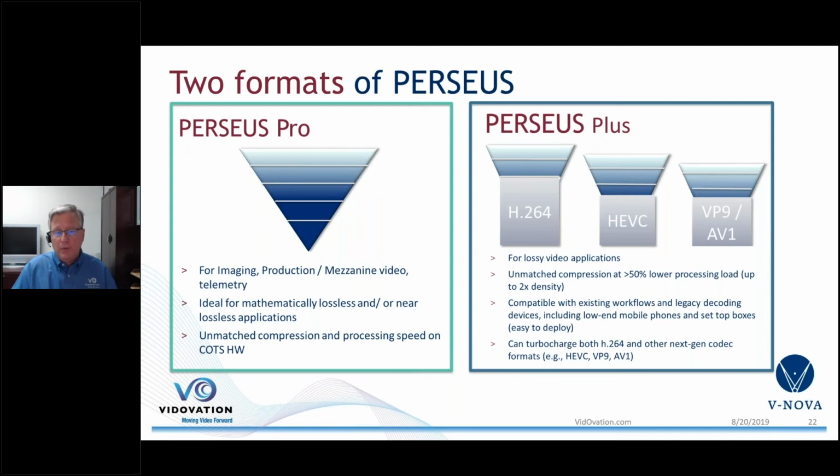Then I think what we'll do is we'll do a second webinar to talk about Perseus Plus, where Perseus Pro is for contribution. Perseus Plus is more for distribution or over the top. So in the way that Perseus Pro does this down converting and up converting, Perseus Plus sits on top of industry standard codecs.